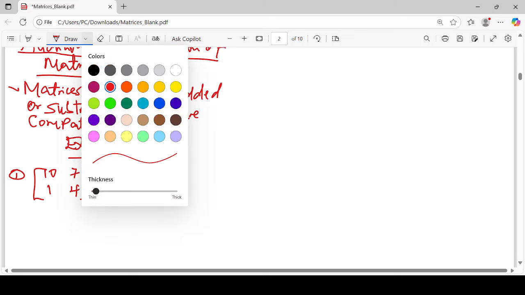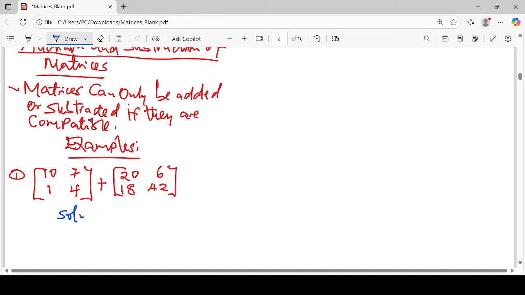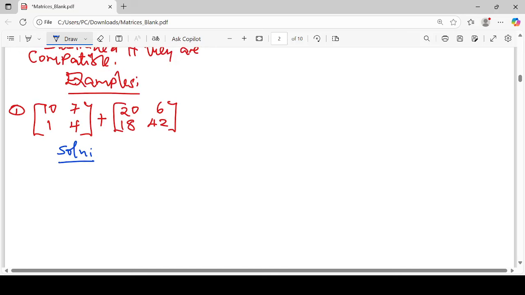Before you do the addition operation on these matrices, check if the two matrices are compatible. Yes, they are compatible because they all have an order of 2 by 2. When you are adding, you add elements in the same position. You take 10 plus 20, that is going to give you 30. Then 7 plus 6, that's going to give you 13. 1 plus 18, that will be 19.